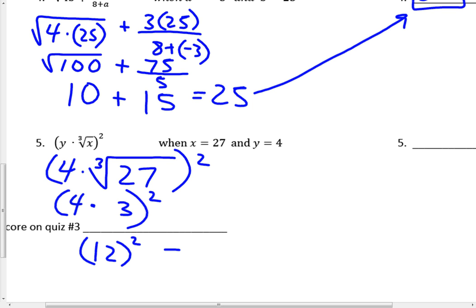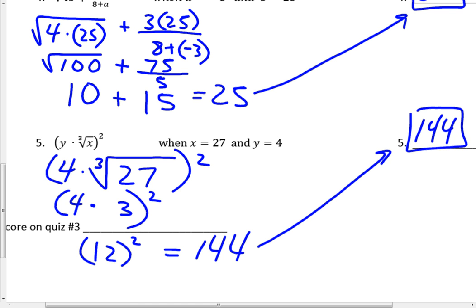This is 12 squared. If you don't know how I got 144, if you don't know where I got 12 from, come and see me before the end of class when everybody's working on their homework.